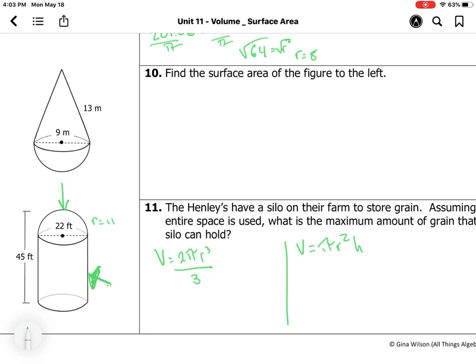If from here to here is 11, from here to here is 11 as well. So the height of this is actually 45 minus 11, which gives us 34. So we can plug in 2 times pi 11 cubed divided by 3.